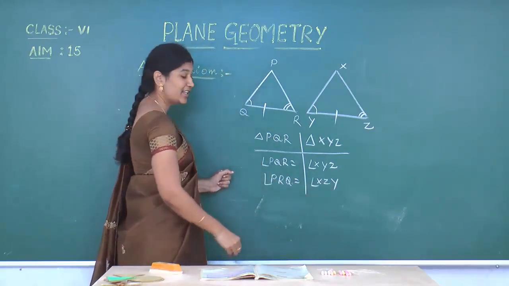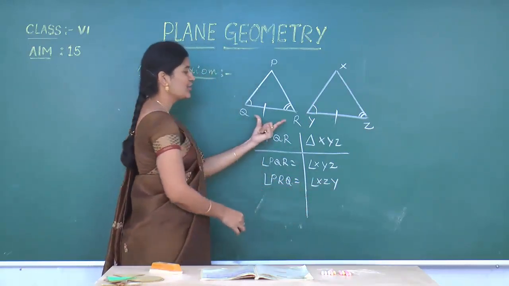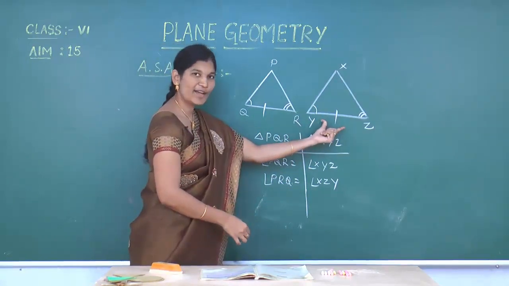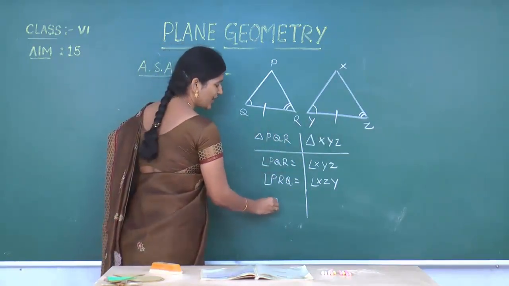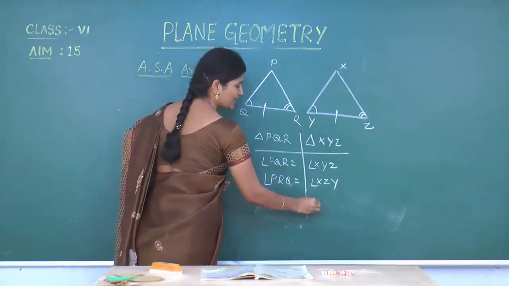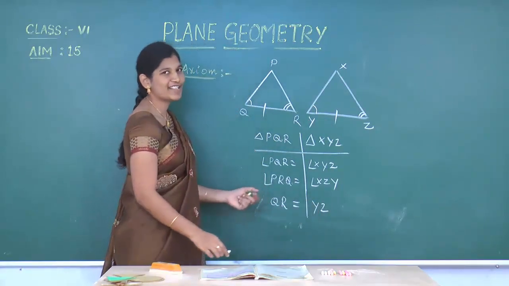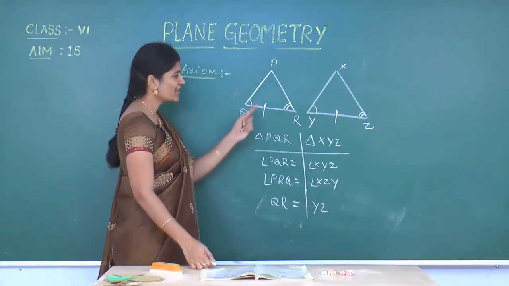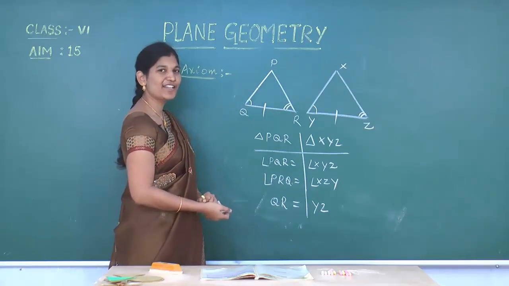And the included side is QR, and here YZ. Here QR is equal to YZ. So we can say these two triangles are congruent to each other.